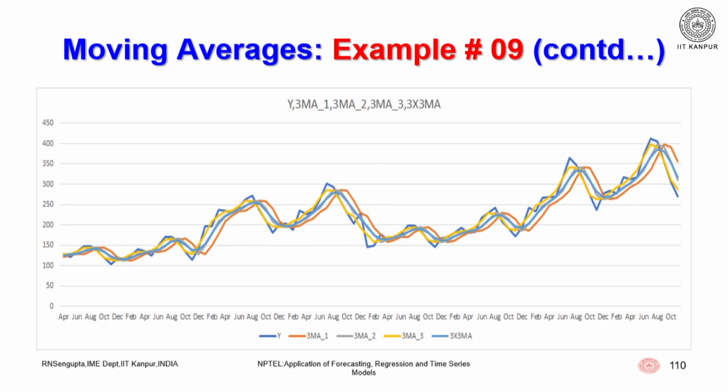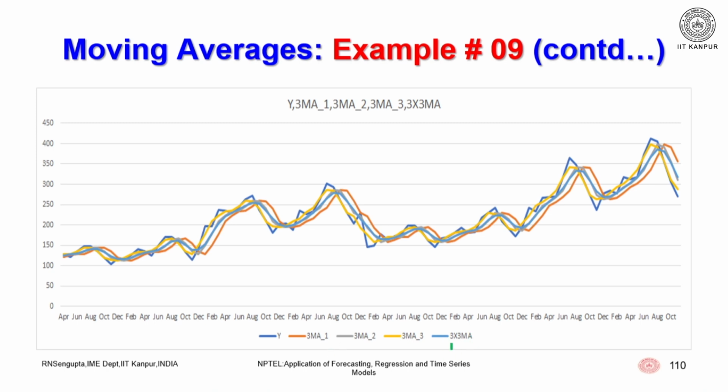Now, if I consider the values all considered together, here is the coloring scheme. The blue one is for the actual data, which is Y, and the dark red, the gray, the yellow and the light blue one correspond to 3 month 1, 3 month 2, 3 month 3 and 3 cross 3.